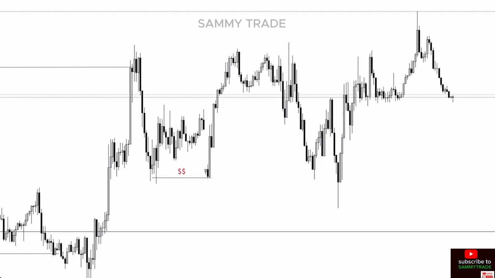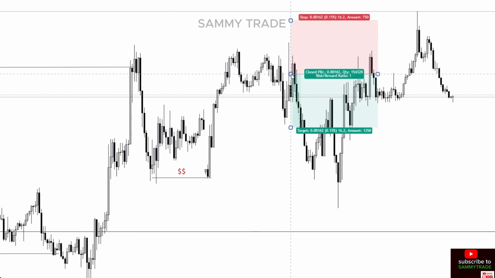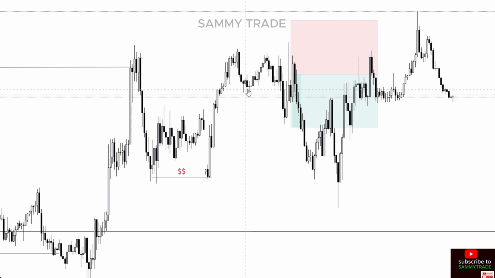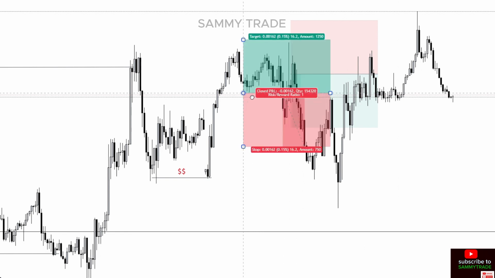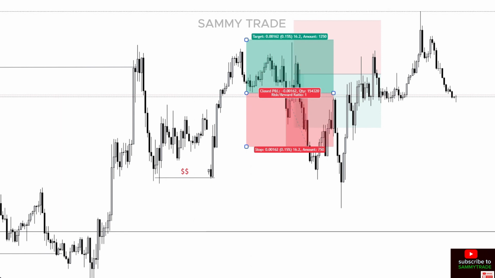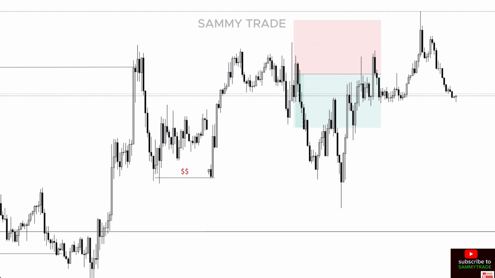So at this point, I entered right here. Immediately I saw this, I entered because there's like a break of structure at this point, or should I say a shift of structure. Sorry, let me take this out. Like a mini shift of structure right here.